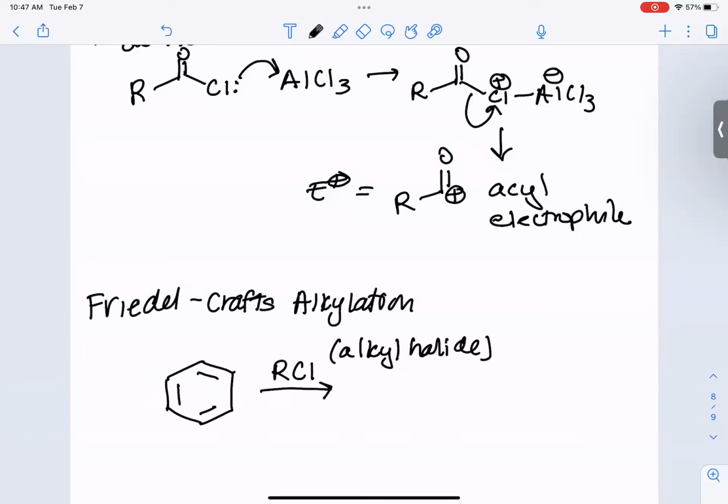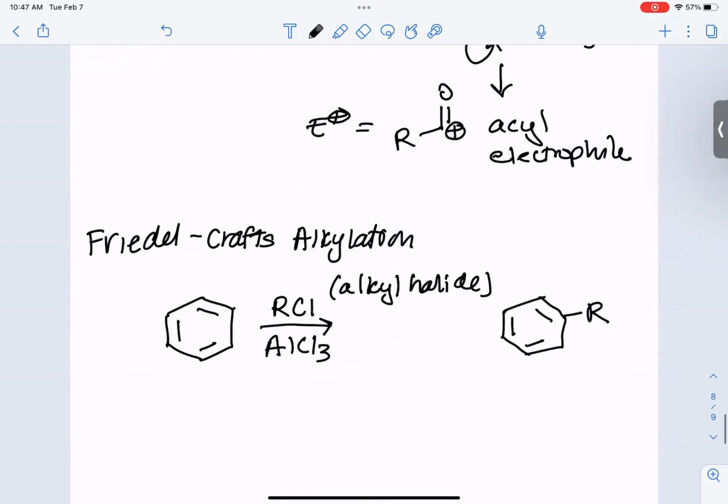Right, that RCl is an alkyl halide. You have your aluminum trifluoride. And then you can add that R group to the ring, where you can alkylate the ring. All right. Again, I'm going to show you how to make the electrophile. You do not need to know this.